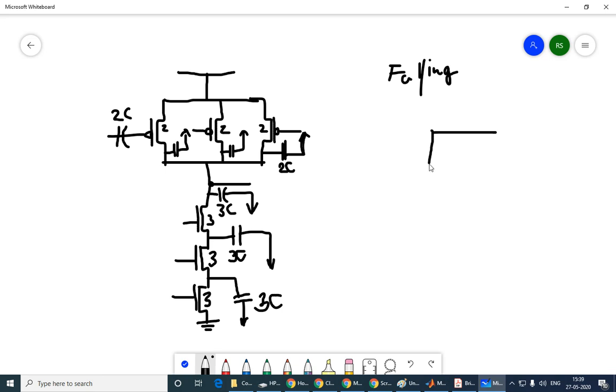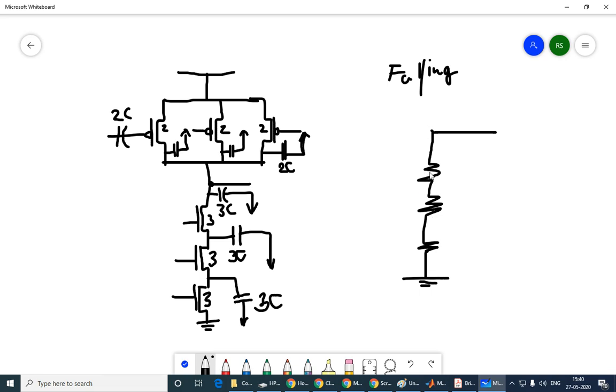So for the falling case, the first transistor, second transistor, third transistor, all three of them are conducting. Number two, if all three NMOS transistors are conducting, all three PMOS transistors are not conducting, which means the whole top part is completely disconnected. There are no transistors in the top. But don't forget the capacitances.